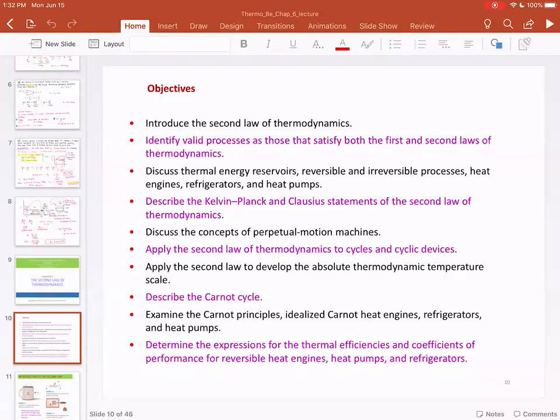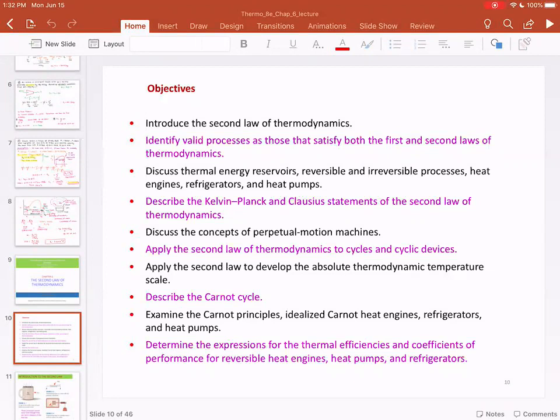Work is a higher quality energy than heat. That's why conversion from work to heat is easier, but from heat to work incurs significant losses. The next thing that is important is directionality.